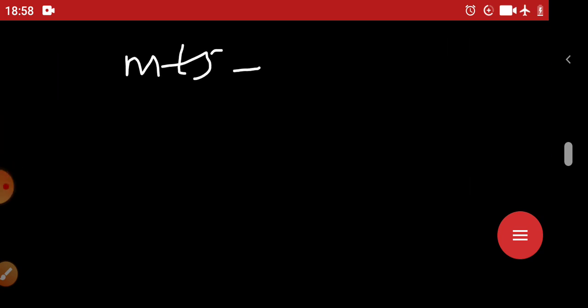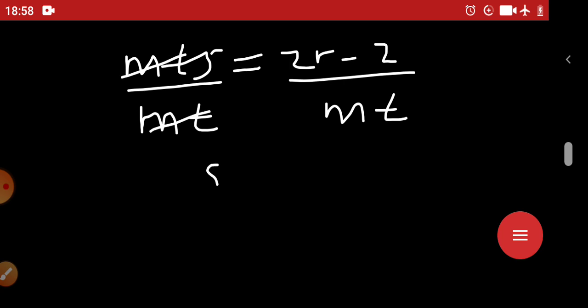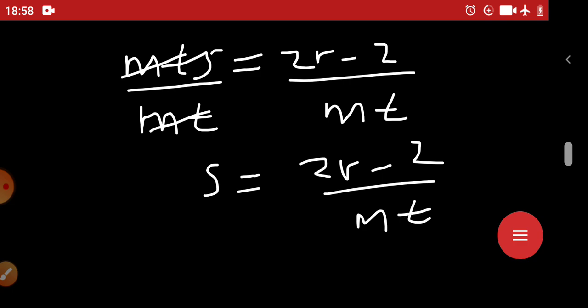But s is multiplied by mt, so we need to divide by mt both sides. This will cancel this, so this will be 1 times s, which is s, and this side we have 2r minus 2 all over mt. So we've made s the subject of the formula.